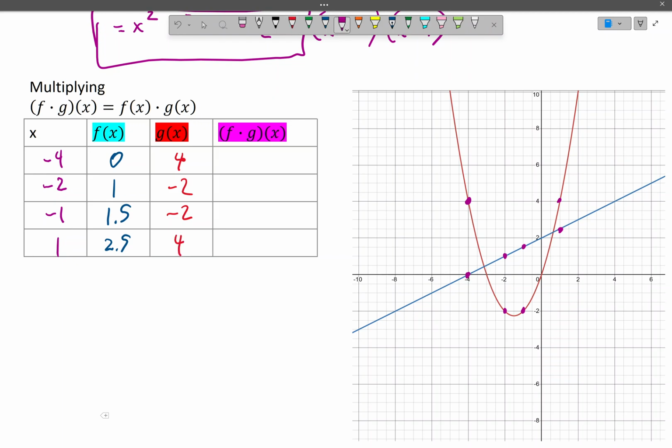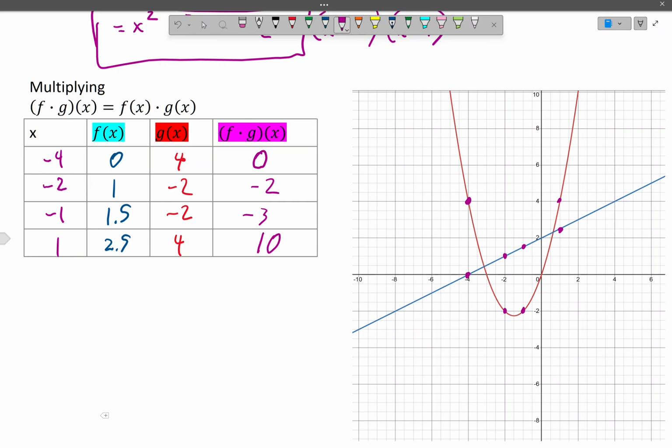So when we multiply those results, 0 times 4 is 0. Multiply those, we get -2. Multiply those, we get -3. Multiply those, we get 10. Right?